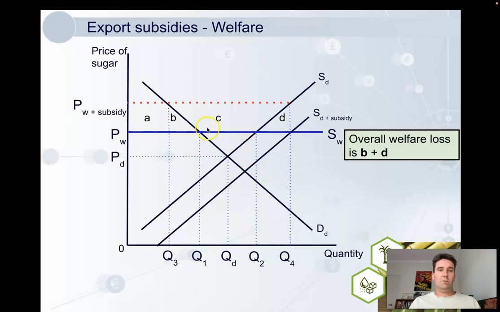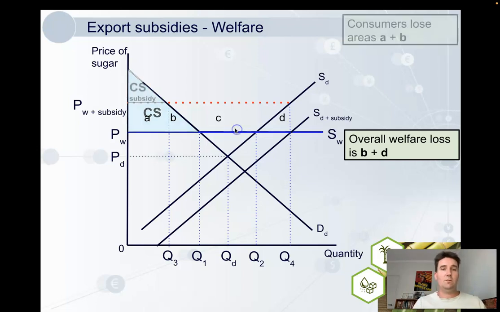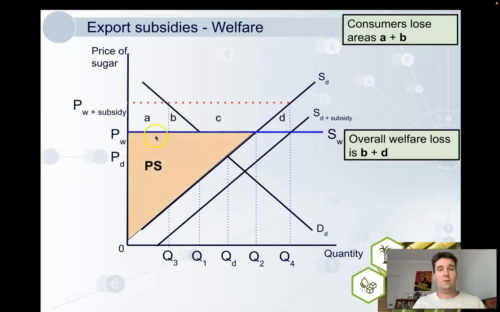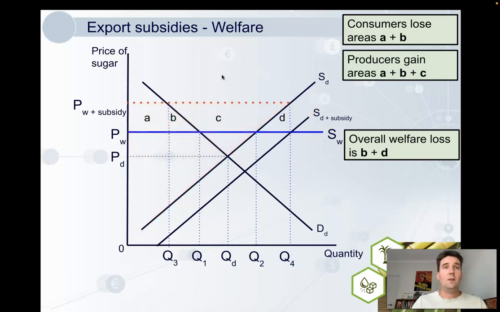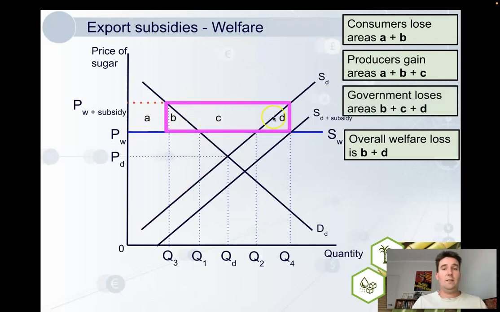Consumers are, of course, the domestic consumers, worse off, right? They lose areas A plus B, right? Producers are, of course, better off because with the subsidy, they gain areas A, B, and C, right? The government has to spend for each unit exported, so they lose B plus C plus D.